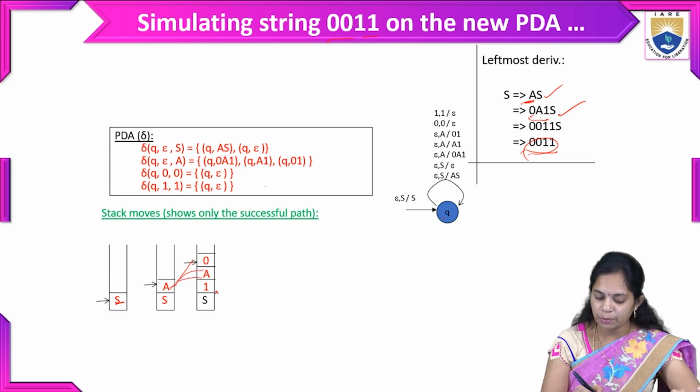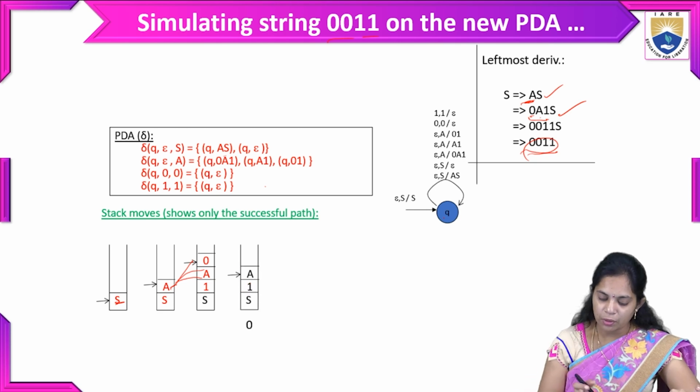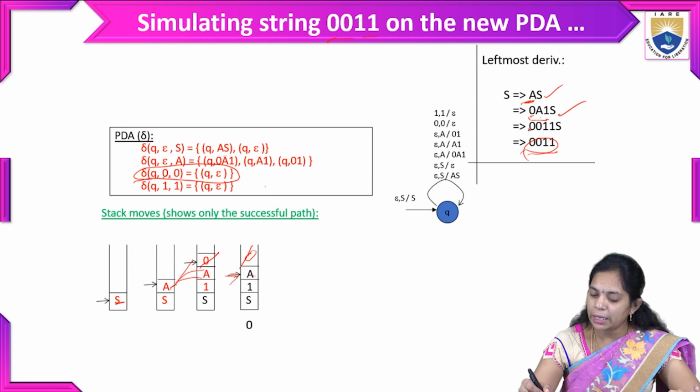And after replacing, whenever the 0 appears in the input string, we have to pop again. So in this production rule we have to apply. The input string is first 0, so 0 appears, so we have to pop this 0, and next the top of the stack symbol is A here, and we have to replace A with the production rule 01.